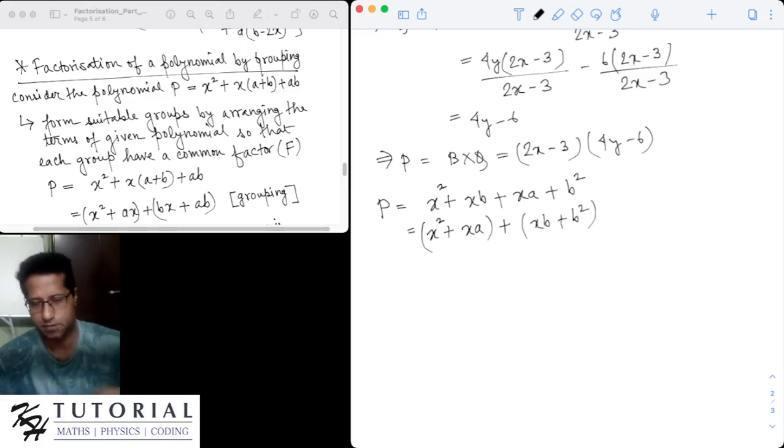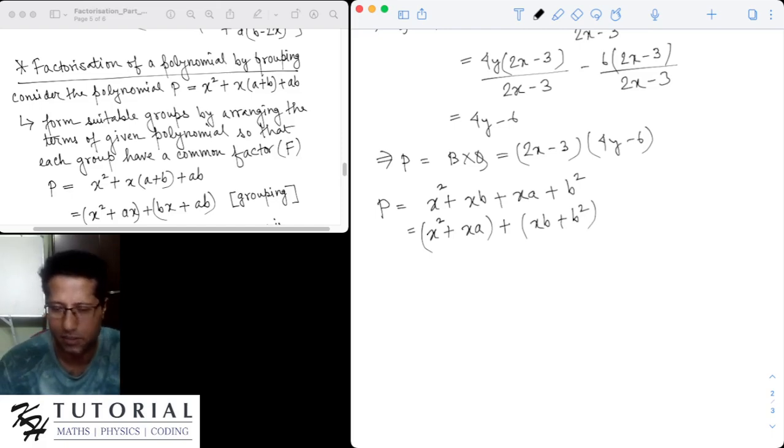The first group, group 1, consists of x square and xa, and this is group 2. I'm just explaining what is meant by grouping. So group 1 is x square plus xa, and the second group is xb plus b square.